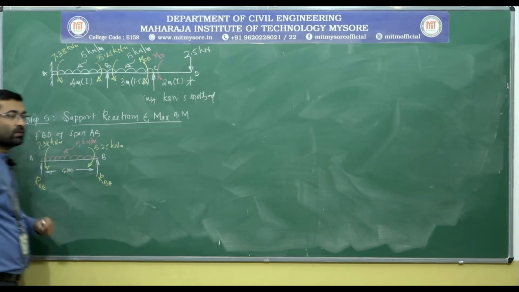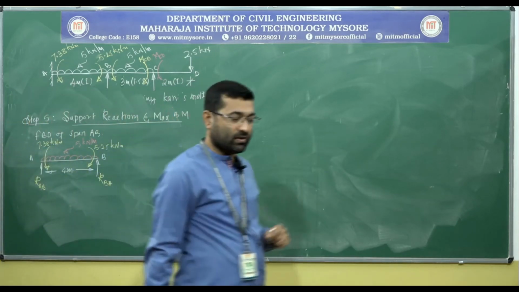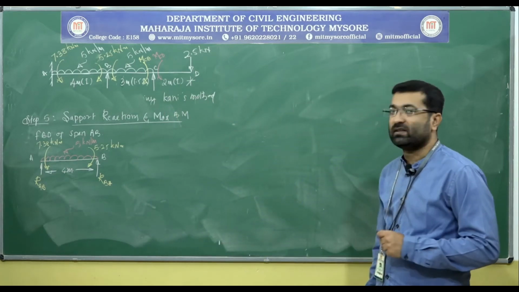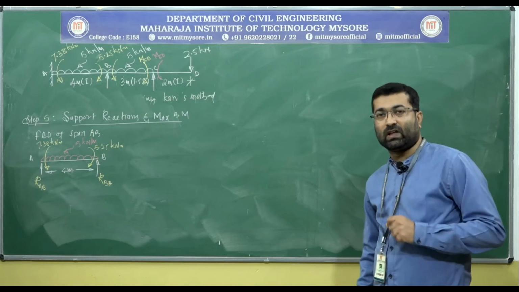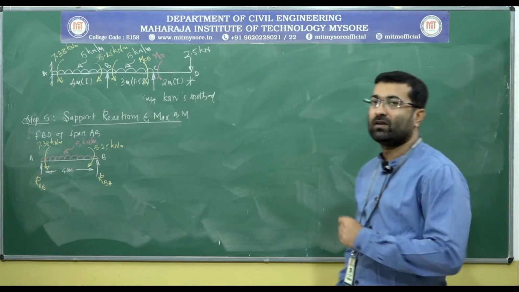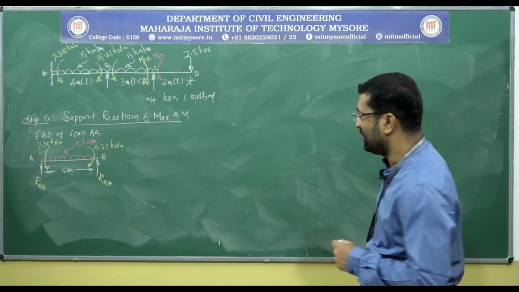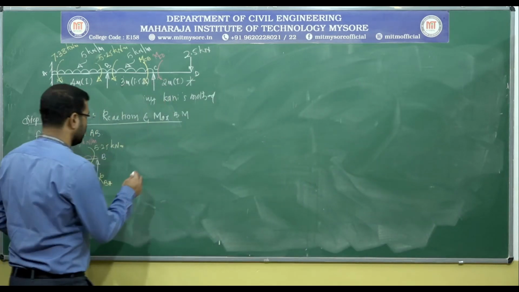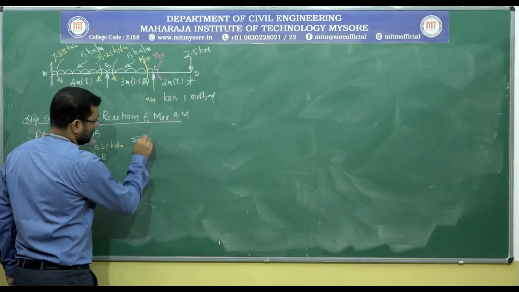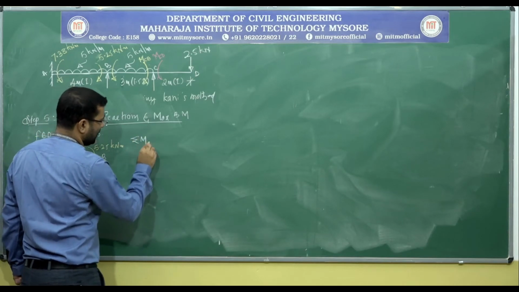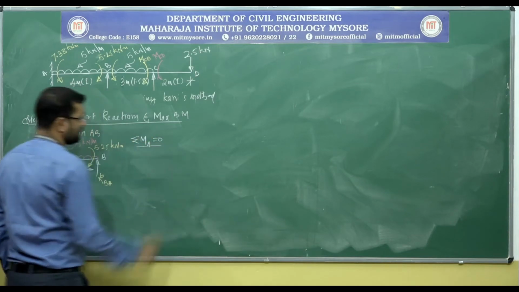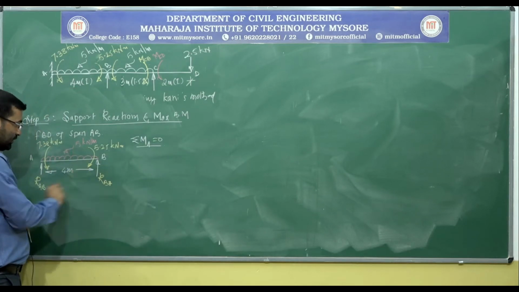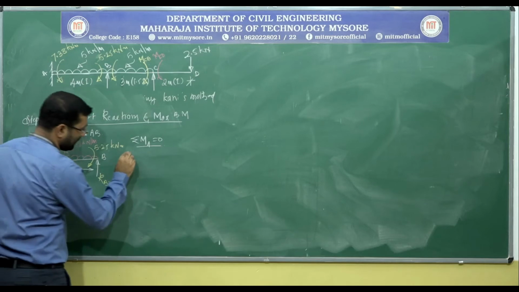So we need to calculate how much is the reaction at A, that is RAB, and reaction at B, that is RBA. So if you calculate these two, using these we can draw the shear force and bending moment diagram. So to do that, let me impose the moment condition at A and equating it to 0. If I impose this moment condition, then this 5 kilonewton UDL creates a clockwise moment.